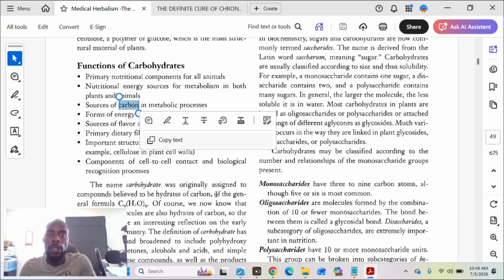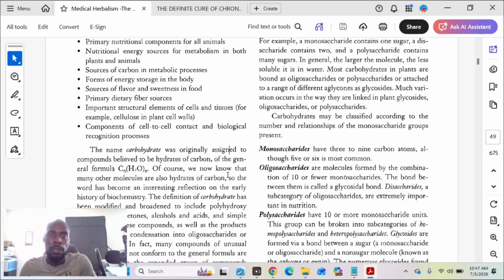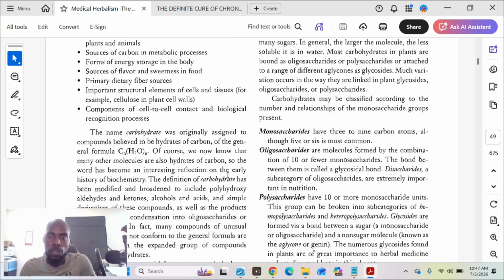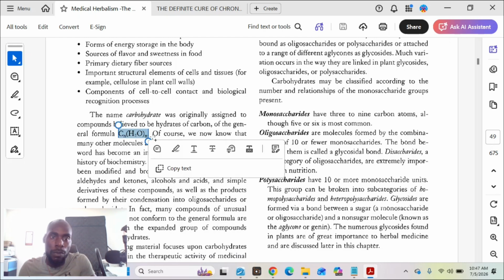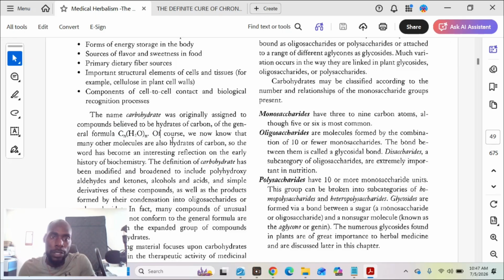Carbon is always going to be that number one energy source in energy storage, as far as the production of energy. The name carbohydrate was originally assigned to components believed to be hydrates of carbon of the general formula, this is the formula. Of course, we now know that many other molecules are also hydrates of carbon.